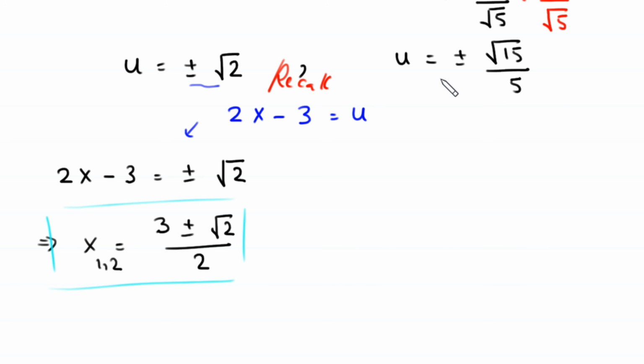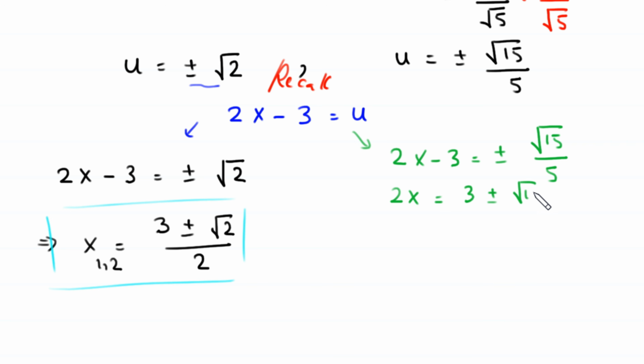Now from the second case, this will become 2x minus 3 is equal to plus minus root 15 over 5. Move this negative 3 to the right hand side. This will become 2x equal to 3 plus or minus root 15 over 5. We can write the denominator 1 and we take the LCM of this 1 and 5.